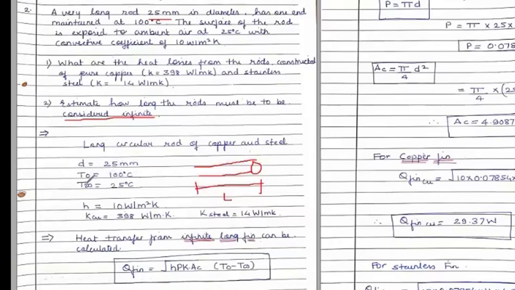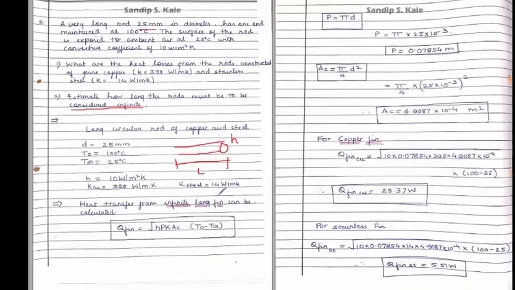The surrounding temperature is given as 25 degrees. The H value is given, here 10. Now if I make this rod of copper, what will be the heat loss? And if I make this rod of stainless steel, what will be the heat loss? So these two things we are supposed to find out, right?